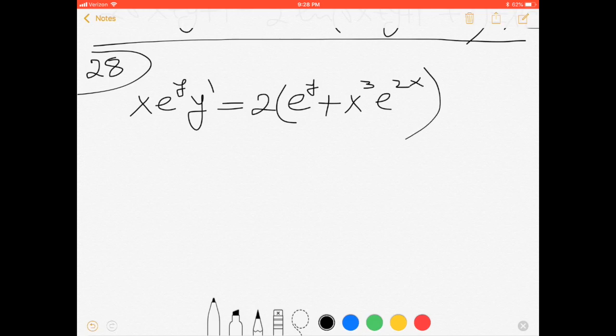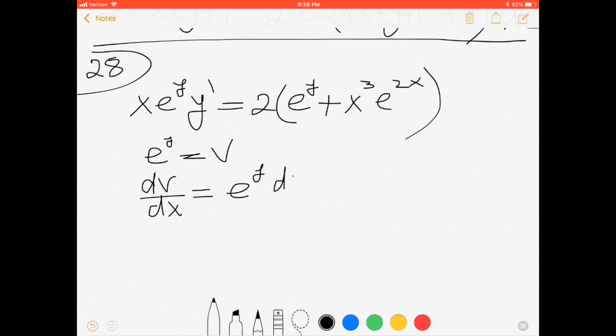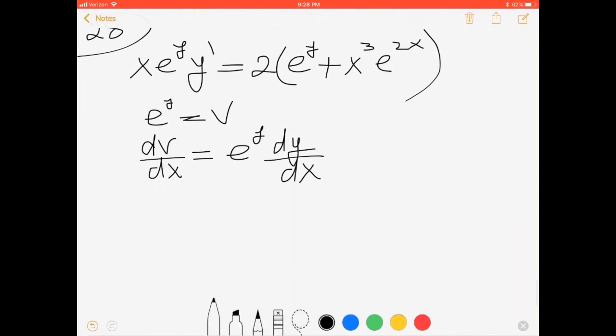I think the substitution here will be e to the power y equals v, then dv dx will be e to the power y dy dx. Okay, this helps us with the left part of our equation.